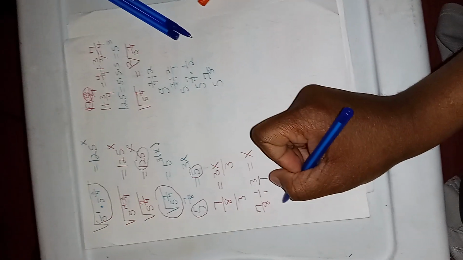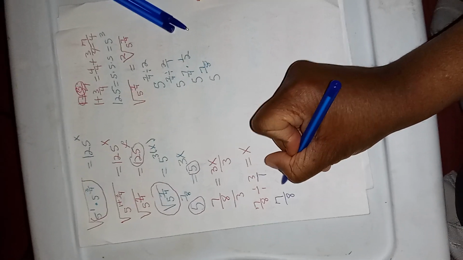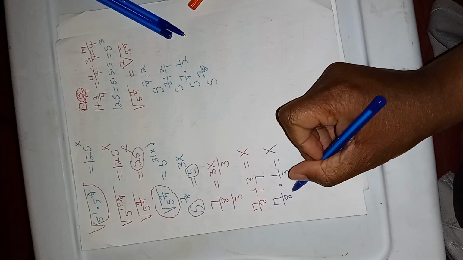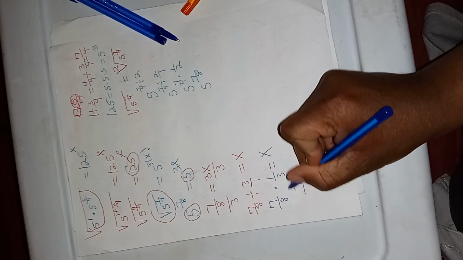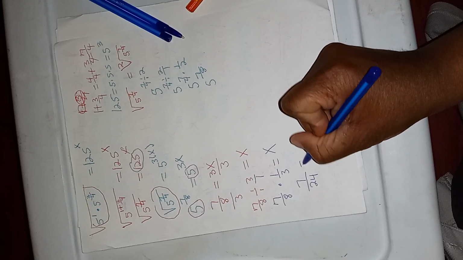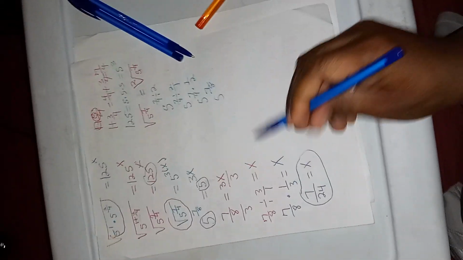And then we multiply by the reciprocal, so it's going to be 7 over 8 times 1 over 3 is equal to x. And your final answer is going to be 7 times 1 is 7, divided by 8 times 3 is 24. So 7 over 24 is equal to x. This is your solution.